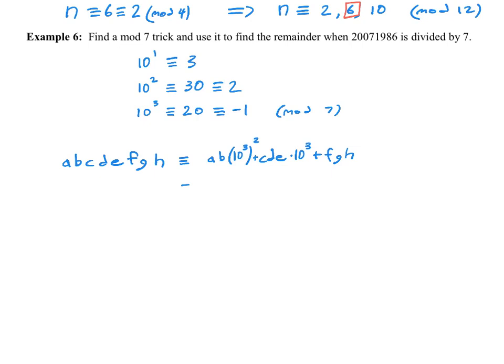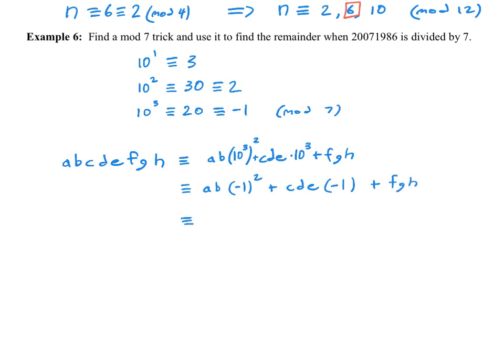So when we do this, each power of 3 for 10 changes into minus 1 because we're working in mod 7. So AB is multiplied by minus 1 squared, plus CDE is multiplied by minus 1, plus FGH.